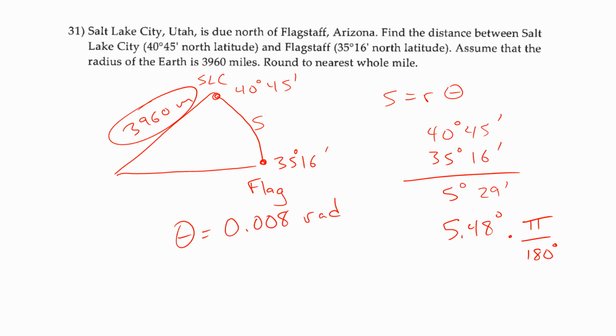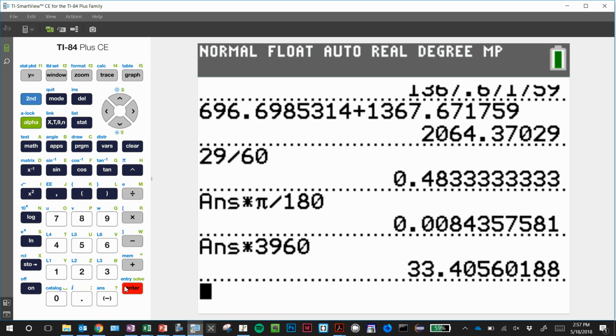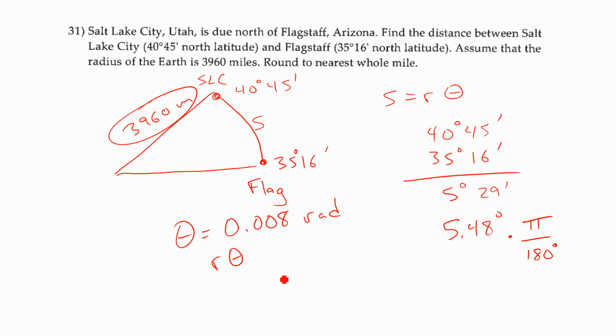And so we're going to times that by 3960, r theta. All right, so take this answer, times it by 3960. Again, using exact values, just round for the final one. So they are 33.41 miles apart. So round to the nearest mile, 33 miles apart. s equals 33 miles.